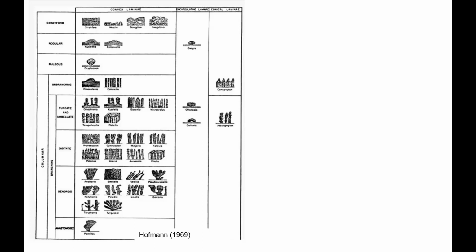And one or two of those names are still used, but mostly people have said, we can't do it. It's too difficult. They're not fixed in morphology. They're not fossils. So all that work that was done, there's a lot of insight there, people getting their eye in for these structures.